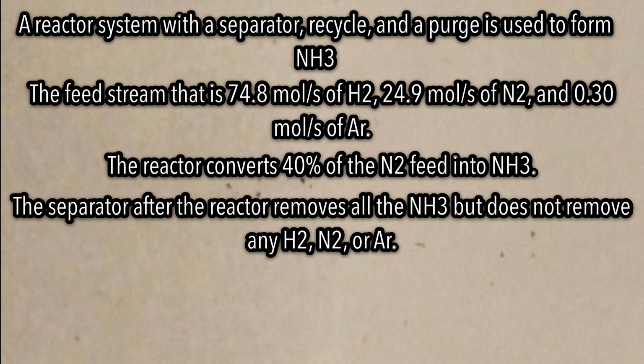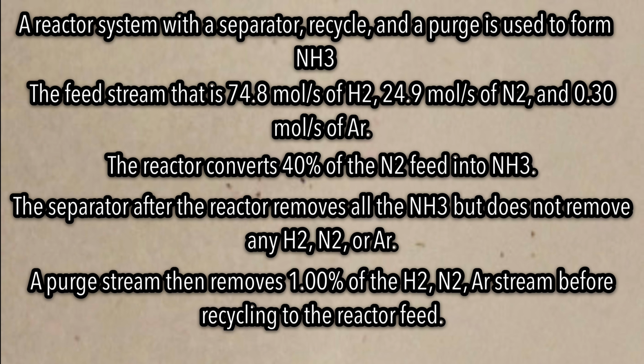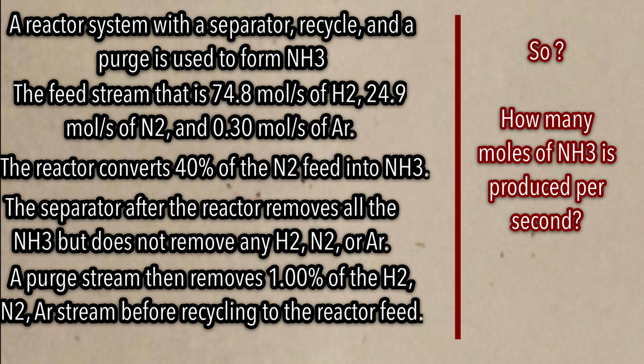We are given that the separator will remove all of the NH3 but will leave the 3 components that will be split by a 1% purge fraction, while the rest will be recycled back to the reactor. The big question is to find the number of moles of ammonia produced per second.